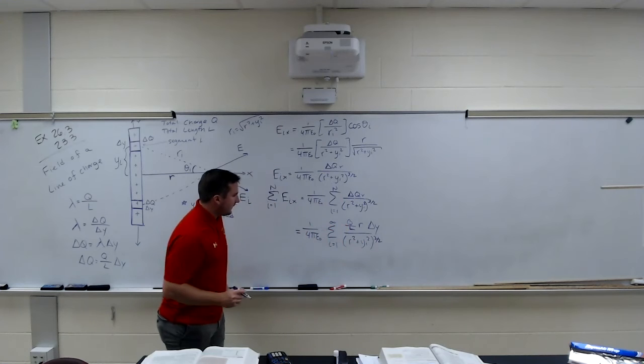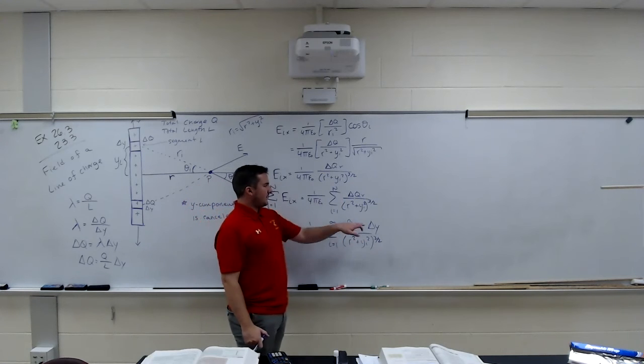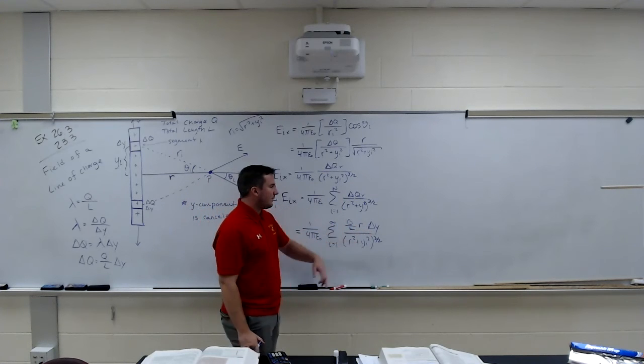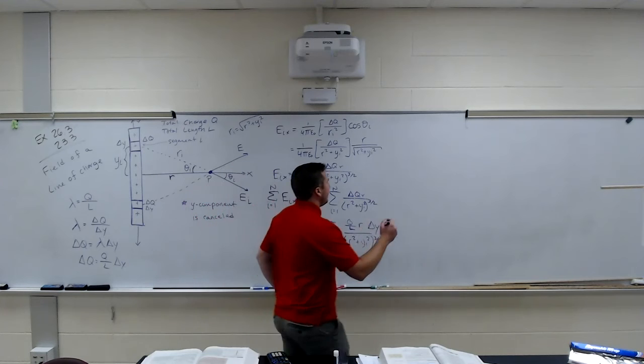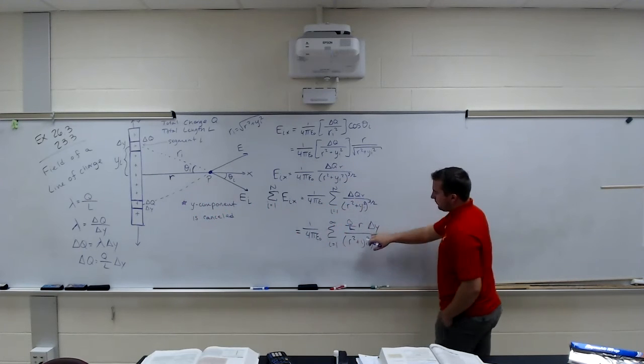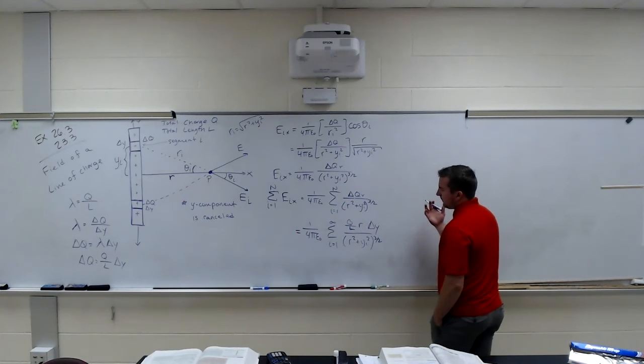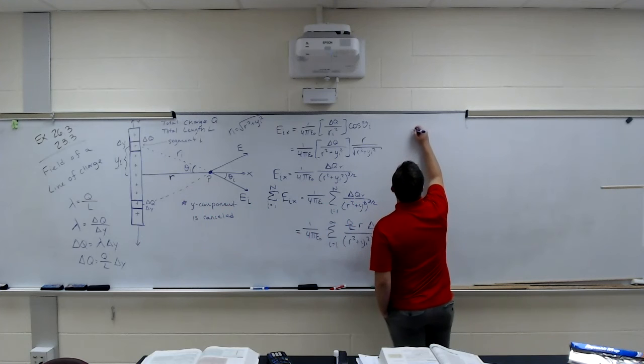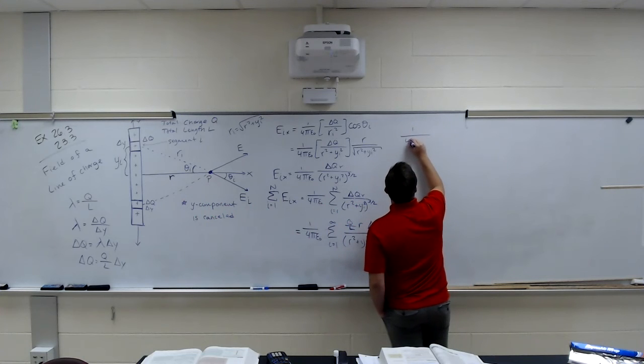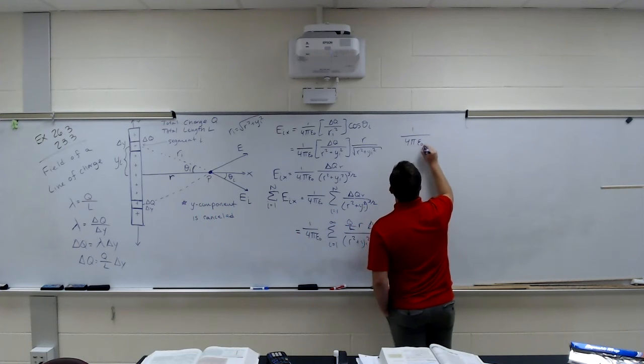And now we have something that we can take an infinite sum, which is an integral for, right? We can work with delta y there. So I can rewrite an integral here. I'm going to pull out all the constants so I don't have to worry about them in my integral. So 1 over 4 pi epsilon.